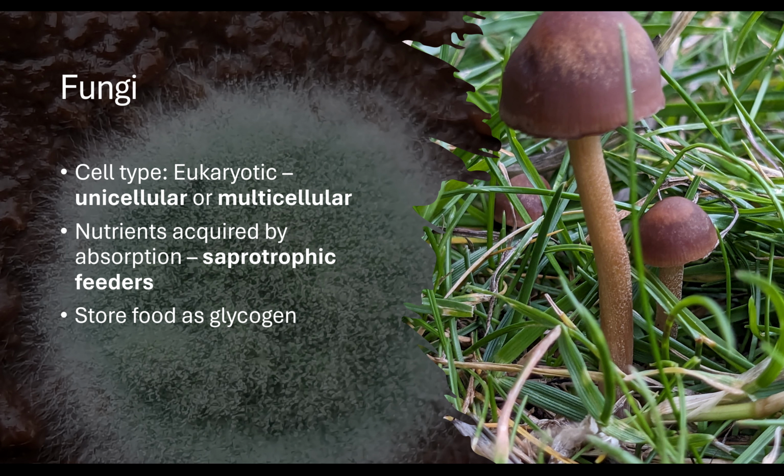The other thing to note with fungi is that yes, they're eukaryotic with a cell wall. So we can distinguish fungi from an animal because they have the presence of a cell wall. However, the cell wall is made up of chitin, which is a distinguishing feature to be able to distinguish it from a plant which has cellulose. So mushrooms, yeast, mold are all examples of fungi.